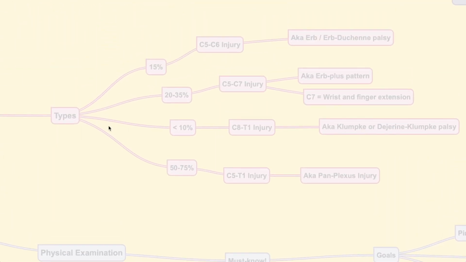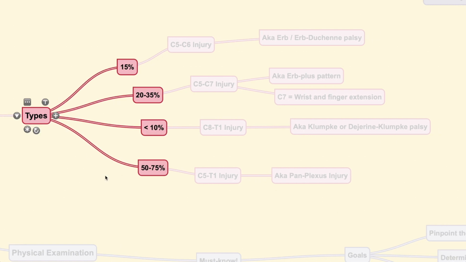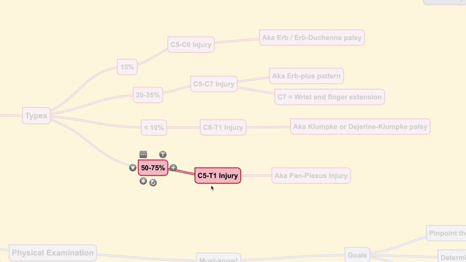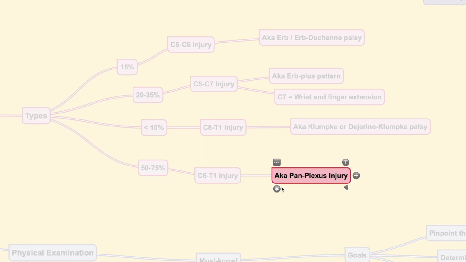Now, moving on, the types of brachial plexus injury are very variable, but most of them are a panplexus injury, or an injury to all the nerve roots, starting from C5 down to T1.